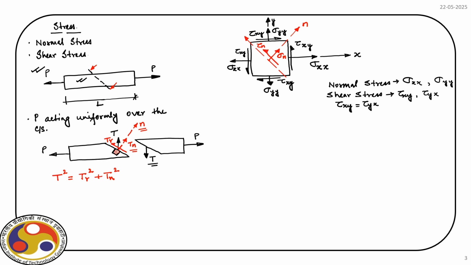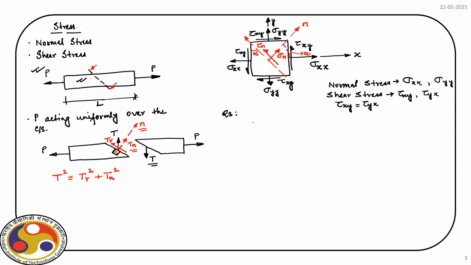Also, let us define the angle. So, this angle is alpha. Obviously, this angle is also alpha. That means, alpha is the angle that the plane makes with positive x axis. Okay.